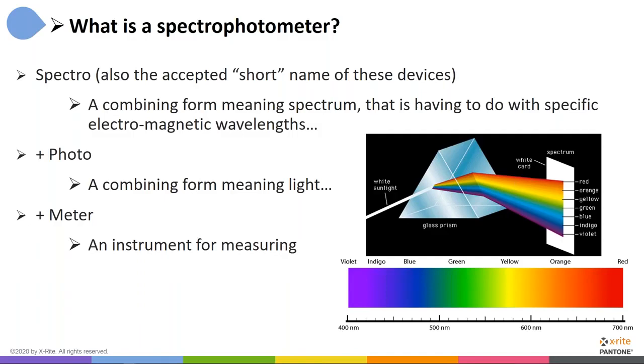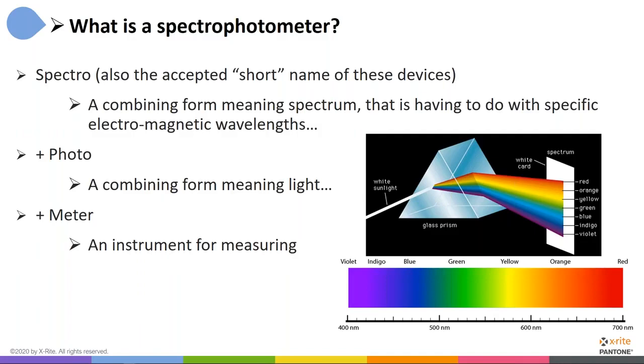That's how we see color, because of that interaction. And so, of course, a spectro, or spectrophotometer, if we're being correct, is measuring the light reflecting at those various wavelengths. That's necessary for us to be able to see.